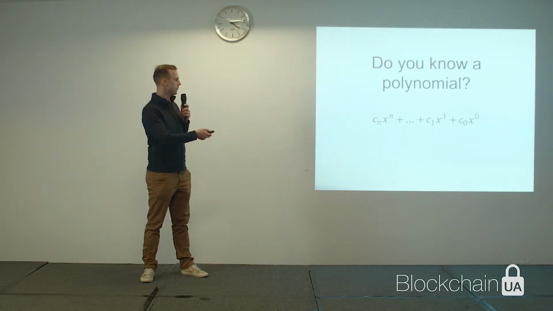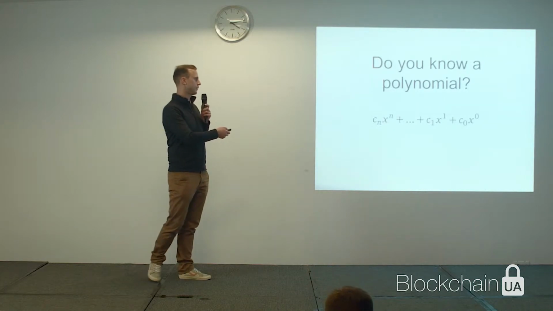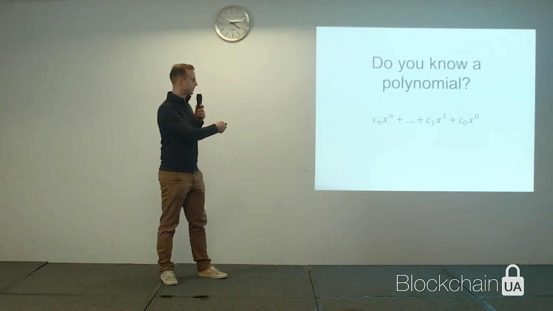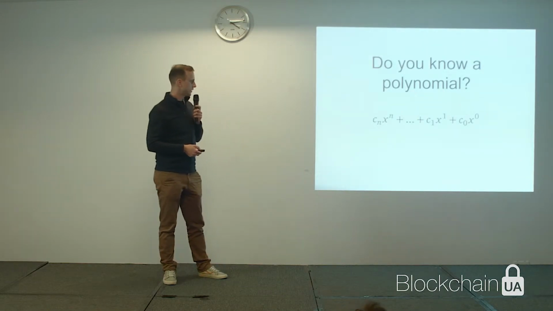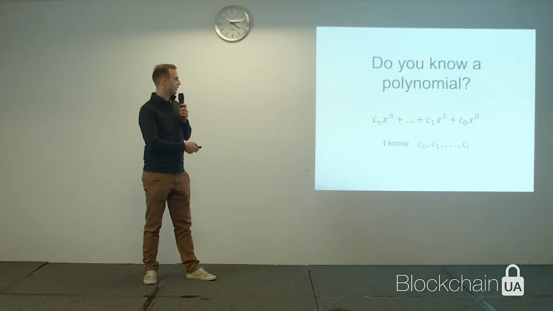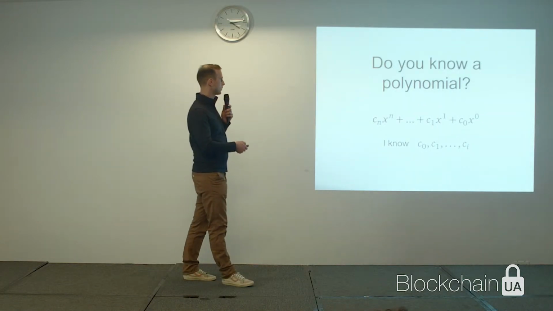Any polynomial can be expressed in this form. We have its degree, which is in this case n, and we have the coefficients for each of the degrees. So basically, if you know a polynomial, because x is a variable, it means that you know just these coefficients, nothing more. So this is the knowledge of a polynomial.